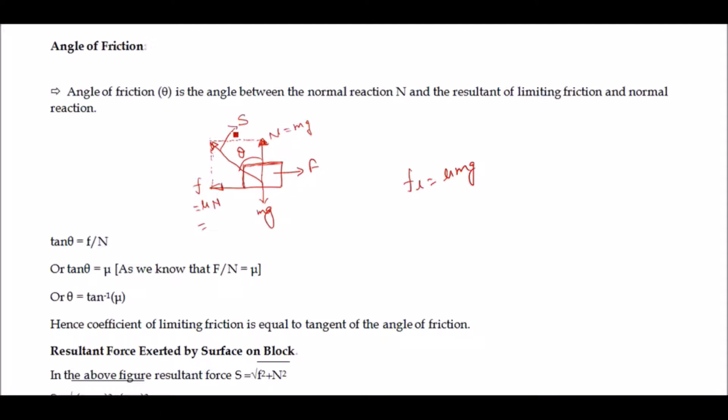We get the sum, or the vector sum, equal to S, which is making an angle theta with the normal reaction. So this theta is called the angle of friction.